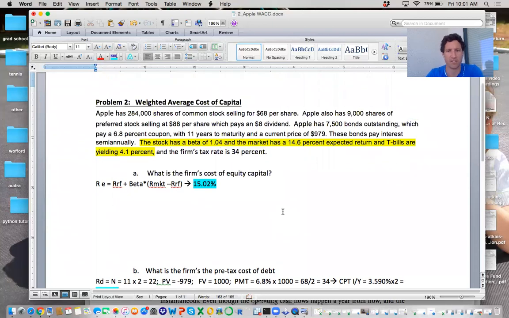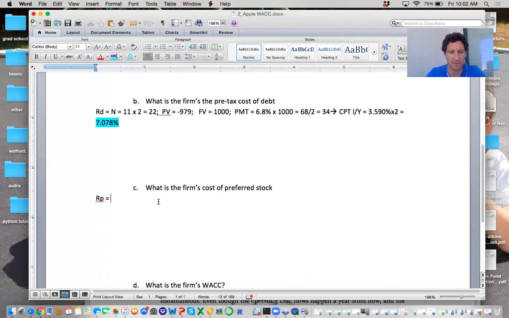Just take your preferred stock dividend. Preferred stock selling at 88 a share pays an $8 dividend. So just take your dividend divided by price. And I got 9.09%. Okay.